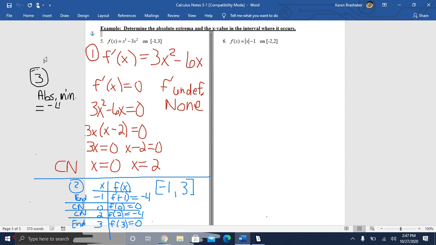So that would be -4. So minimums and maximums are y values. But then you can say where it occurs. So it occurs at x equals -1 and at x equals 2. So that's your absolute minimum. And then your absolute maximum.